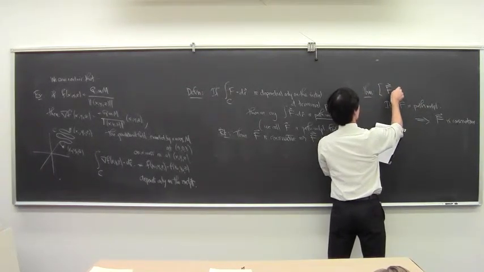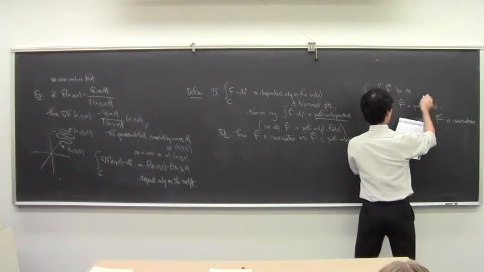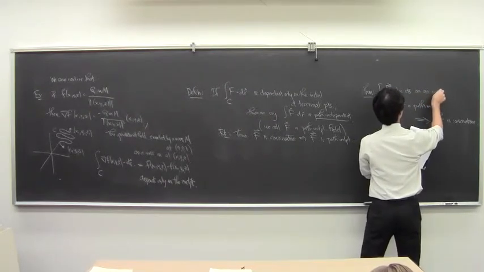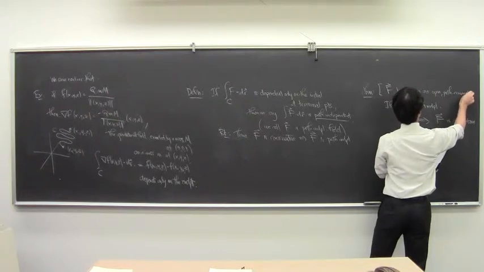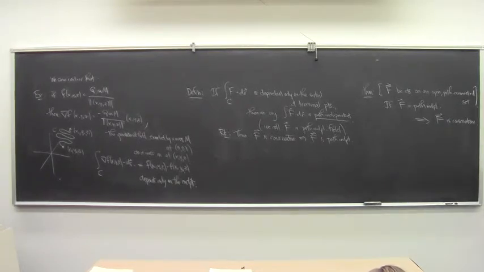F has to be continuous on an open path connected region. If you're dealing with vector fields on open path connected sets, then the converse is true.